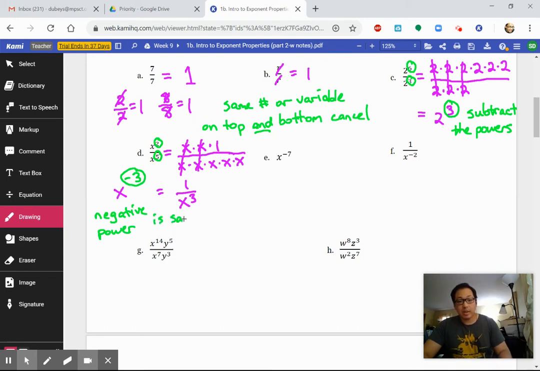It's the same as 1 over the positive power, positive exponent. Kind of cramped for space here, but hopefully this makes sense. This is kind of like a definition for negative exponents now.